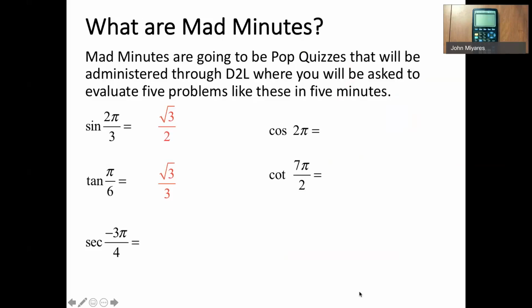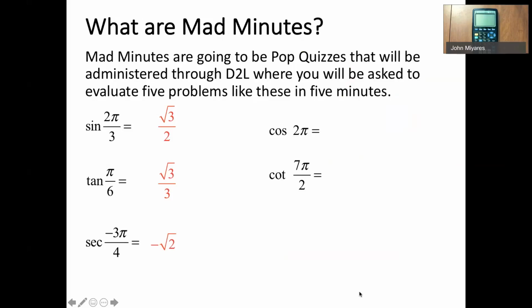Negative 3 pi over 4 falls in quadrant 3. We have a pi over 4 reference angle of 45 degrees. Secant is negative in quadrant 3, which makes the expression come out to be the negative square root of 2. The cosine of 2 pi is essentially the same as the cosine of 0.